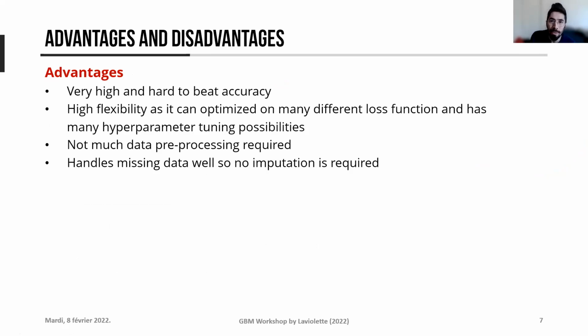But in the references that I've read, people say that it has higher accuracy than things like random forest or most other machine learning methods. It offers very high flexibility because it can optimize on many different loss functions. And it also has many hyperparameters that allow us to tune the algorithm to increase even further its predictive ability.